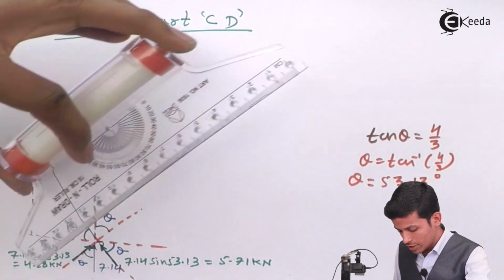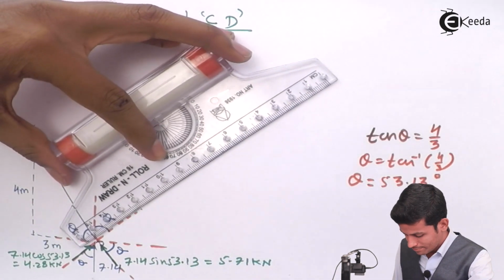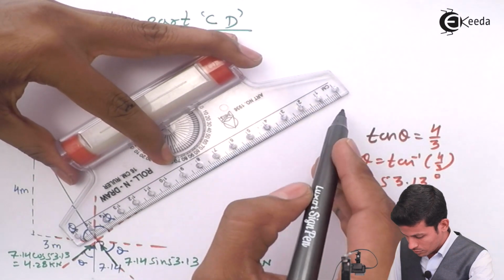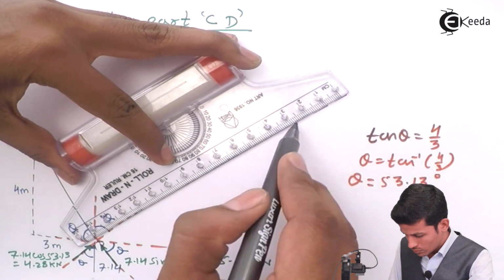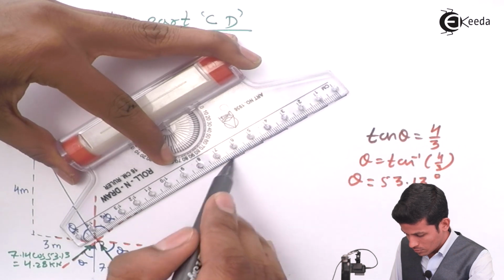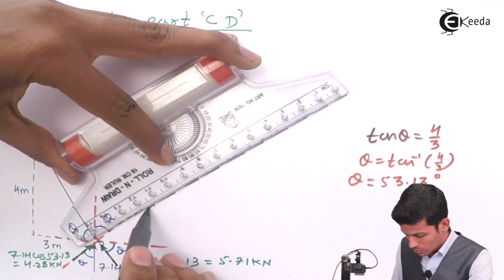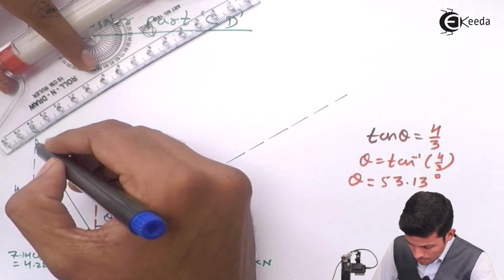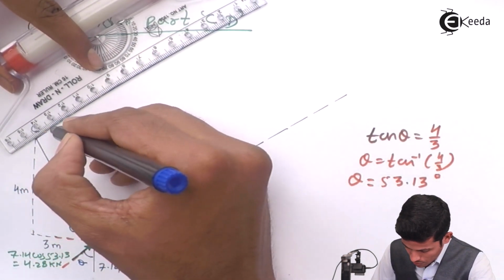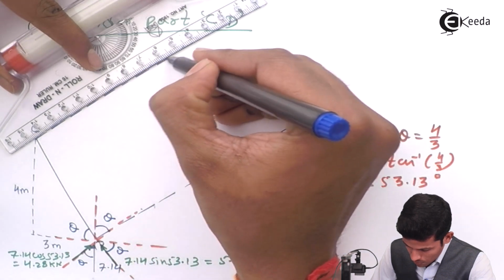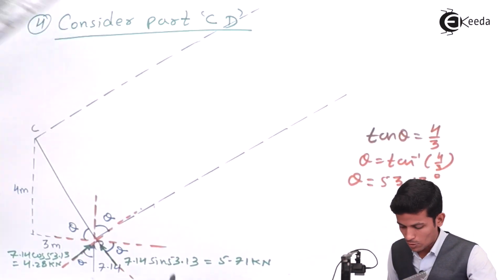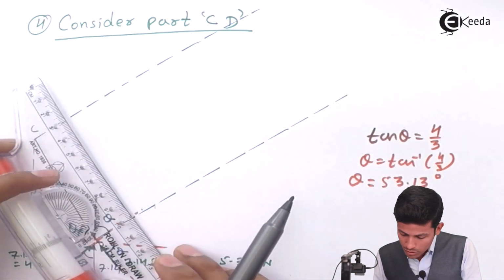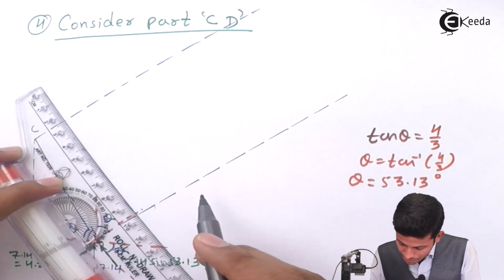See, first resolve this part. Okay, now draw one part, also draw one part neat and clean.